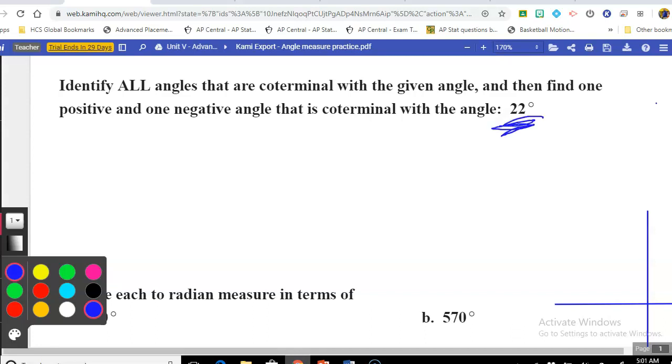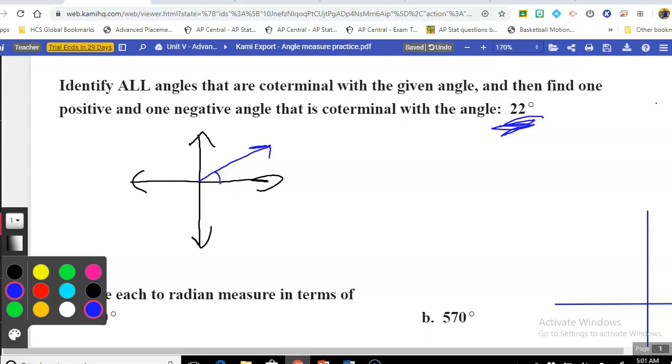So we have a 22 degree angle, and we want to find all of the measurements that are the same as that, or located in the same position. If we think of a coordinate grid, a 22 degree angle would be somewhere around here.